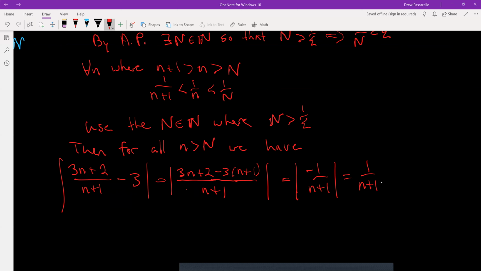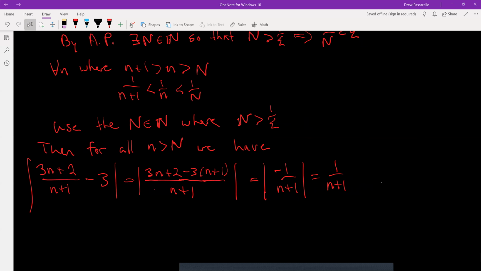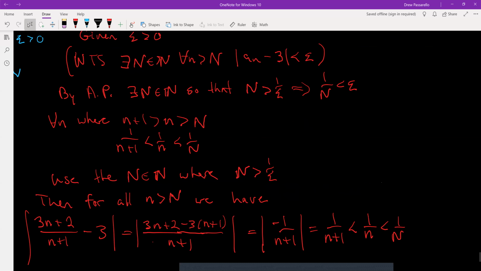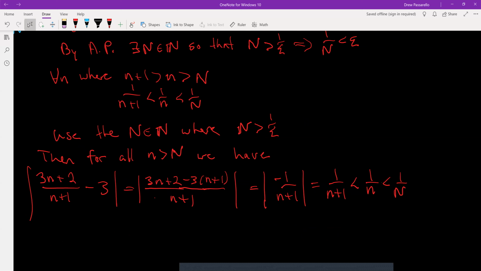Well, we know 1 over n plus 1 is less than 1 over little n. And we know for our value n such that little n is bigger than capital N, 1 over little n is less than 1 over capital N, which itself is less than epsilon.